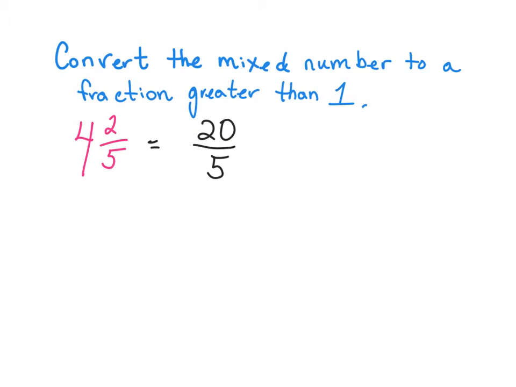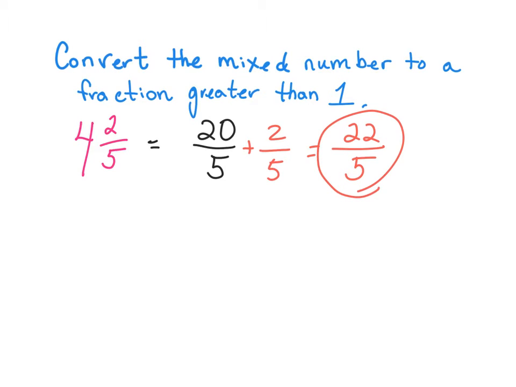And then we need to add on the 2/5. And when we get that, we get 22/5. So 4 2/5 is equal to 22/5.